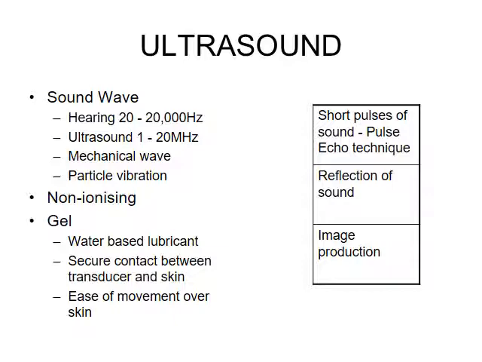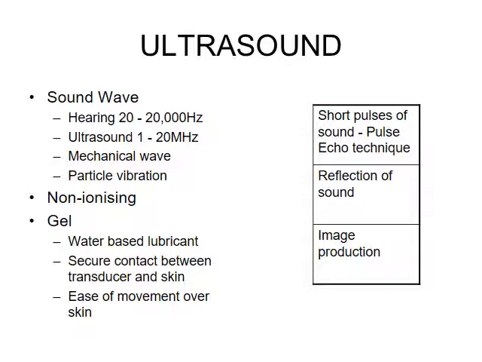And it uses what's called a pulse echo technique, which just means that it sends out a pulse of sound and then listens for that sound or that echo to come back to it and creates the image from the echo.